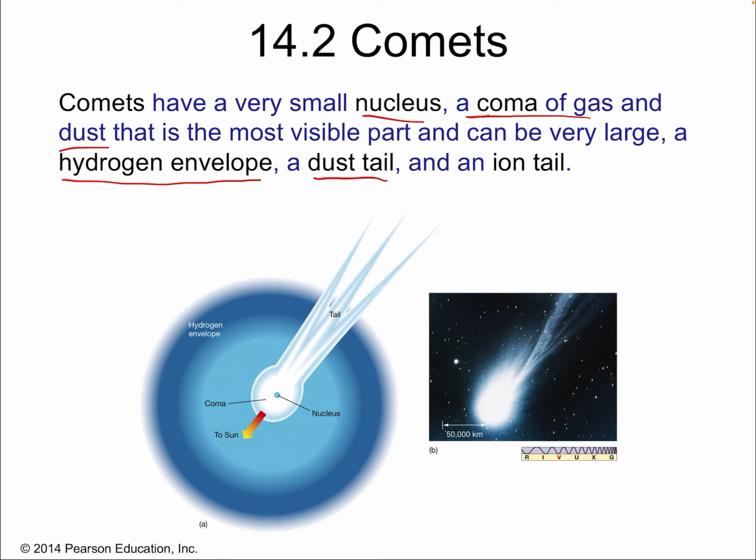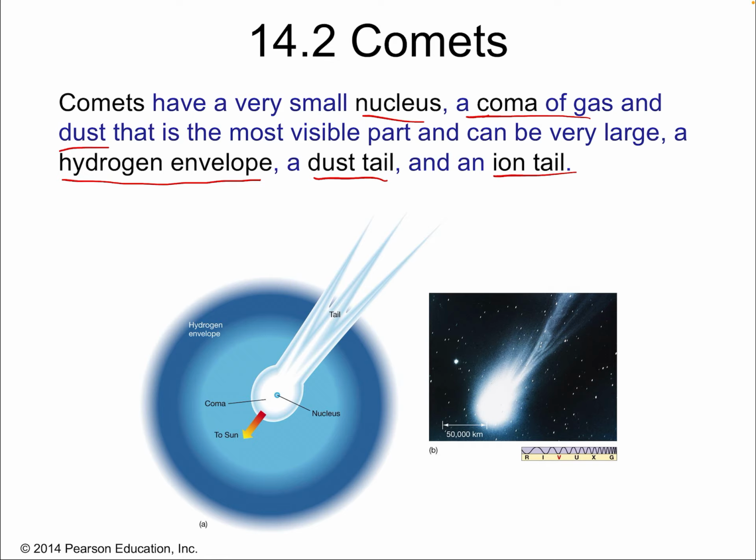They have a dust tail, so small particles made out of carbon molecules, heavier elements, everything you would expect, right? It's not water ice, it's actual dust, actually heavier elements. And they have an ion tail, which is just basically ionized molecules, those that have lost electrons or gained excessive electrons.